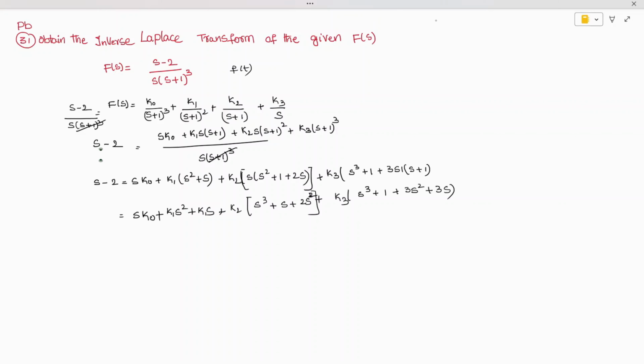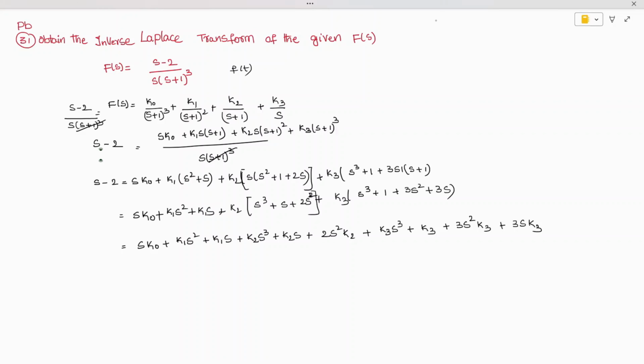Now let us try to expand each individual term. So ultimately we are going to get s into k naught plus k1 s square plus k1 s plus k2 s cube plus k2 s plus 2 s square k2 plus k3 s cube plus k3 plus 3 s square k3 plus 3s into k3.